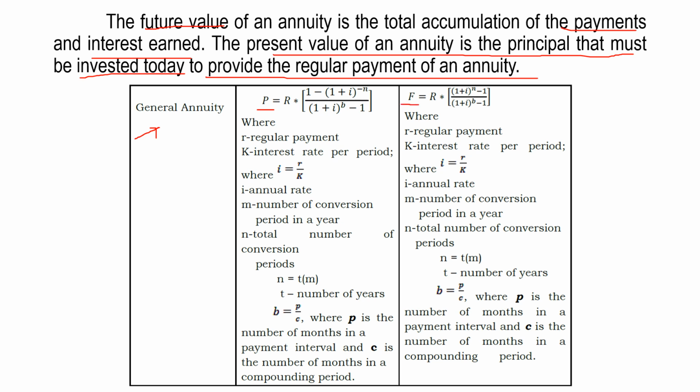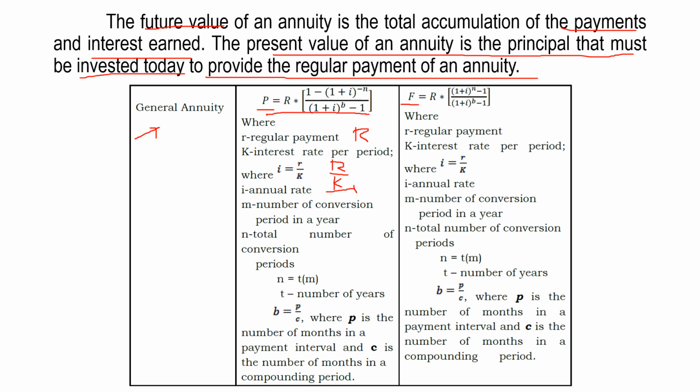For your present value, your R will be multiplied by 1 minus (1 plus i) raised to negative n, all over (1 plus i) raised to b minus p, where big R is your regular payment, and i is the interest rate per period, where i is equal to j over m. j is the annual rate.